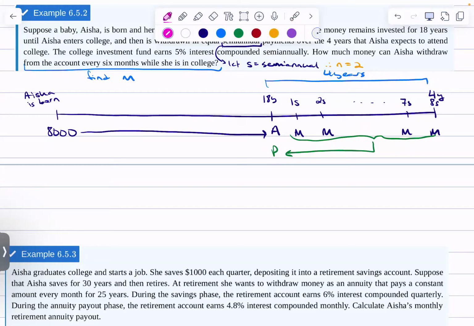So here's the key: we first need to solve for A and then use that A as the P for the payments.